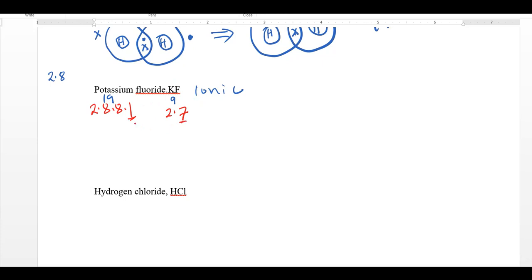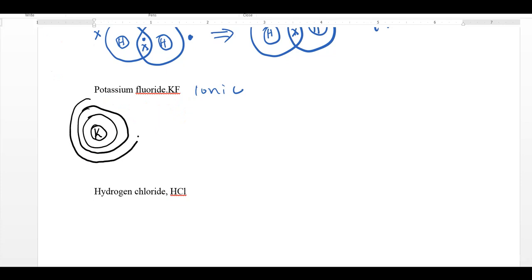So we draw potassium K. Potassium has got energy levels 1, 2, 3 and 4. Plus fluorine F, 1 and 2.